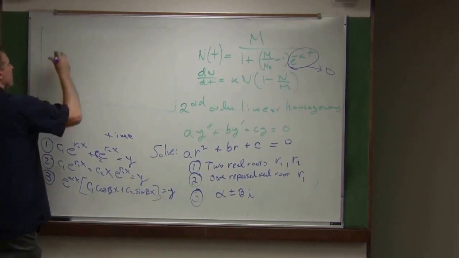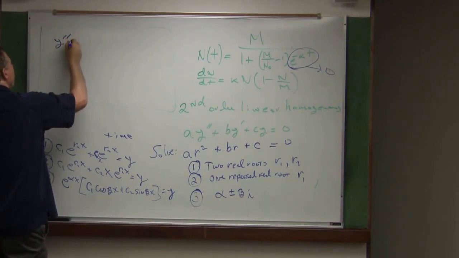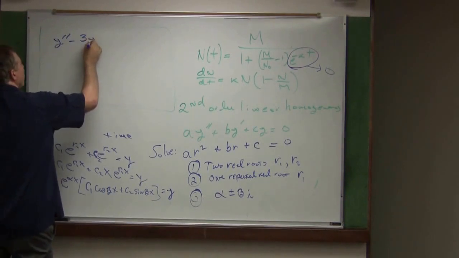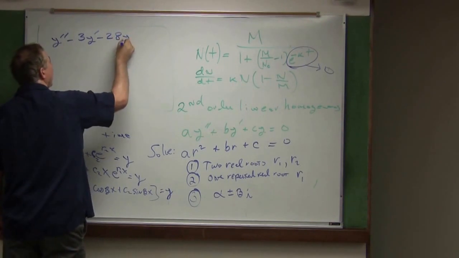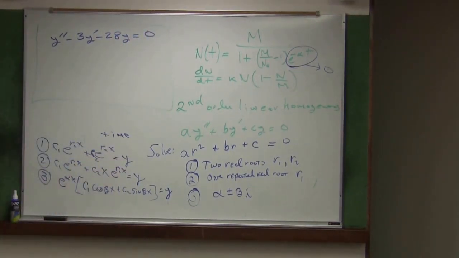So let's do something like y double prime minus 3 y prime minus 28 y equals 0. Okay? So, really easy.